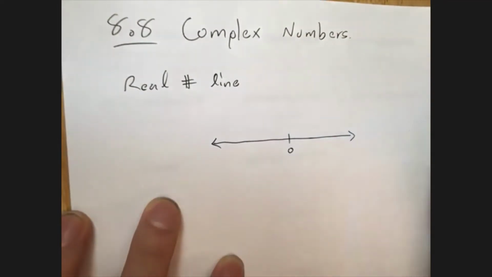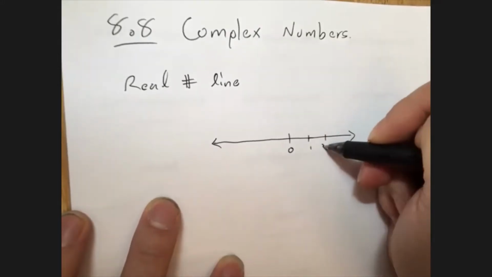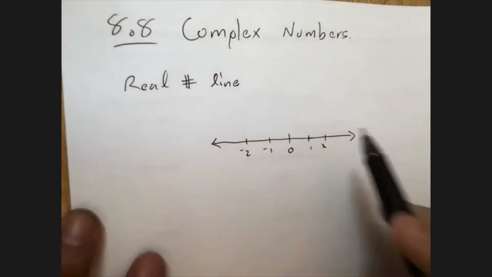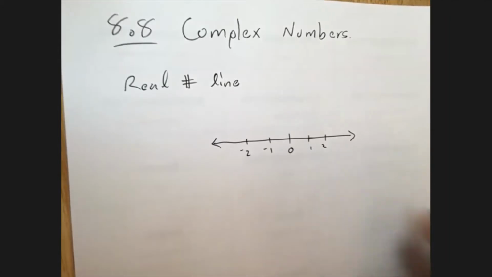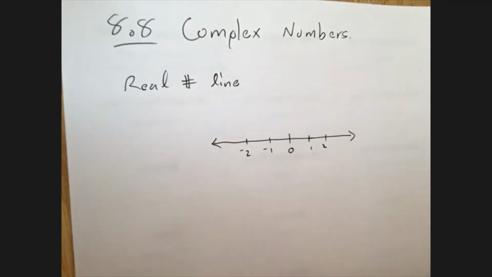We have 0, and we have integers 1, 2, 3, -1, -2, etc. We have all the integers and the numbers in between. We have rational numbers in here. We have irrational numbers like the square root of 2, and other irrational numbers like pi. All these things are on this real number line.